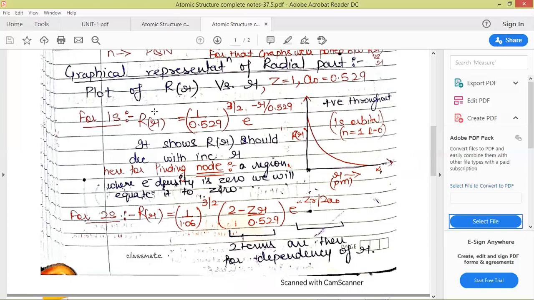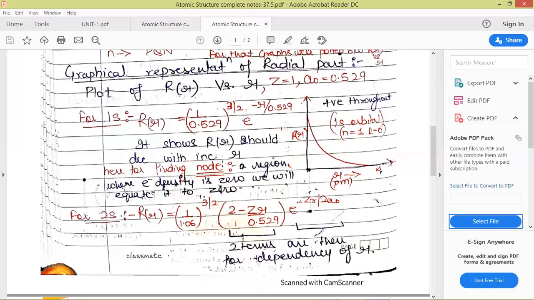For such curves, whenever we want to know the value of r for which the value on the y-axis is 0, we equate the whole term with 0, putting capital R as 0, and solve this equation for small r. Then we get the value of radius for which capital R is 0.